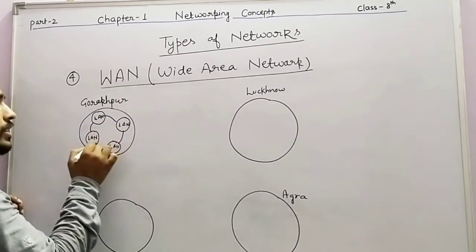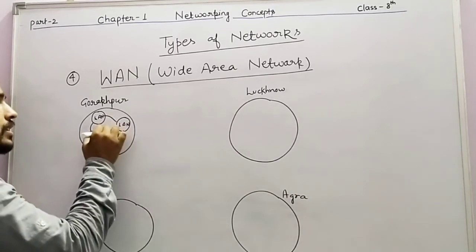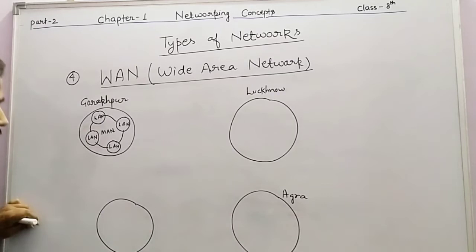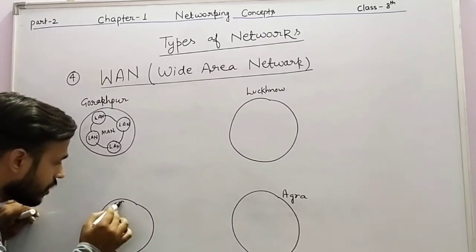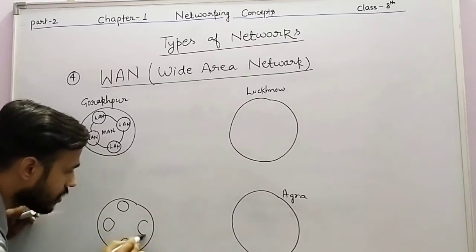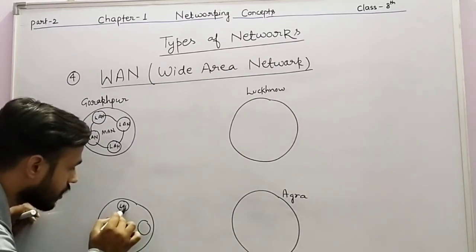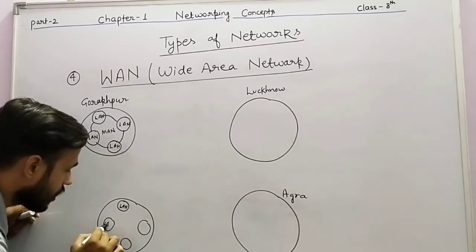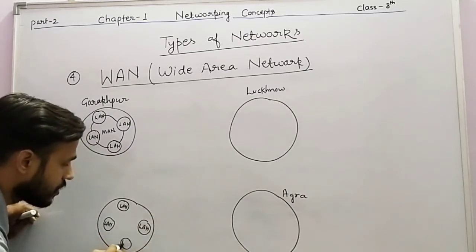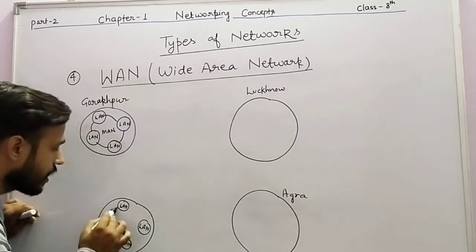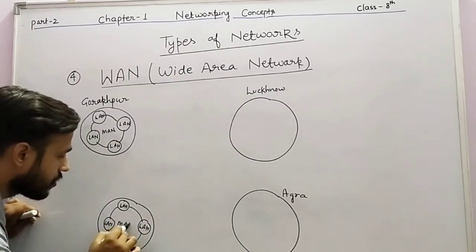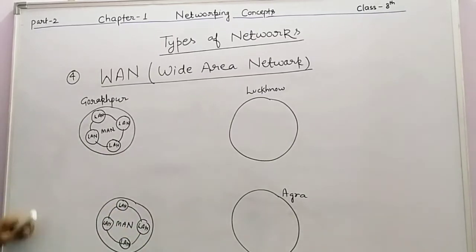If we connect all these areas with each other, then this connection gets converted into a MAN. Similarly, in all these cities, this is a LAN, this is also a LAN, and if we connect them with each other, it will convert into a metropolitan area network.